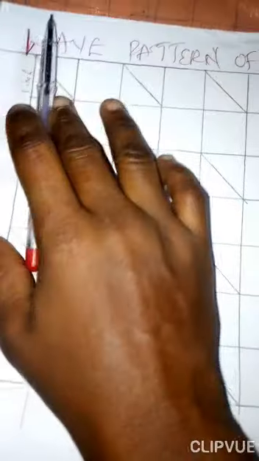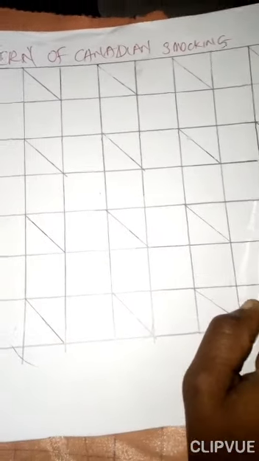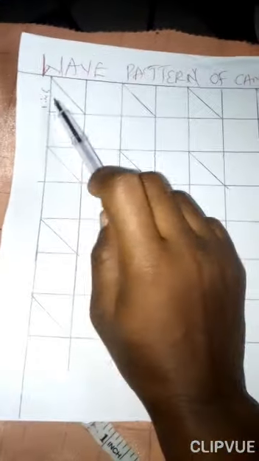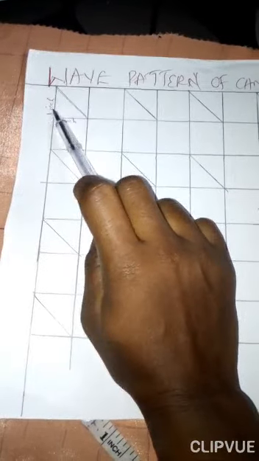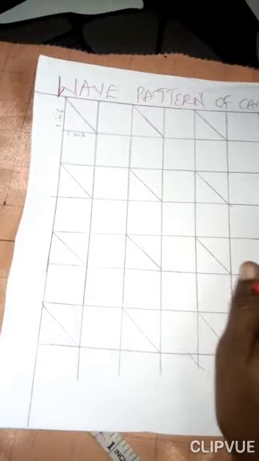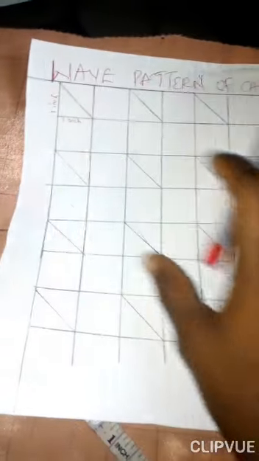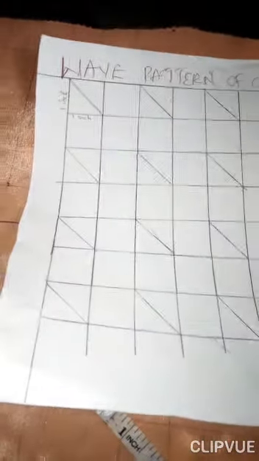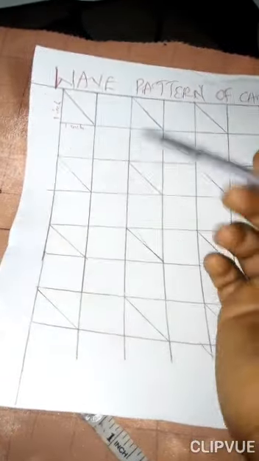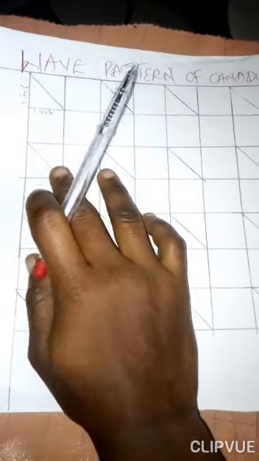Every grid line you see here is 1 inch for the length and 1 inch for the width. Take note that you can choose to increase your measurement or decrease it depending on your taste. If you increase it, your wave will be broad, as in bigger, but if you decrease it, it will be smaller.